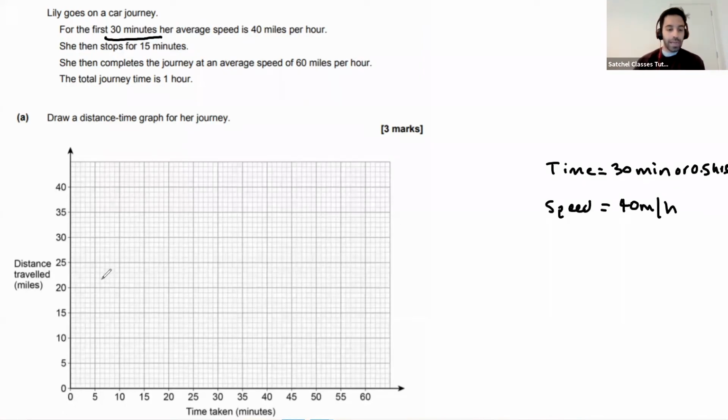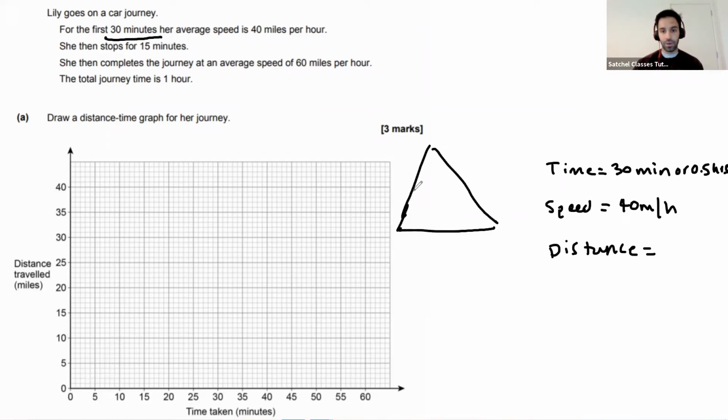So what I know is that in the first 30 minutes, she was traveling at 40 miles per hour. But to be able to draw my distance time graph, I need to be able to work out what the distance is. And this is where your distance speed time triangle comes in handy. It doesn't matter which way around you put speed and time. However, distance is always on the top. So we know distance is speed multiplied by time. As we have our speed in hours, I'm going to use hours for my time as well.